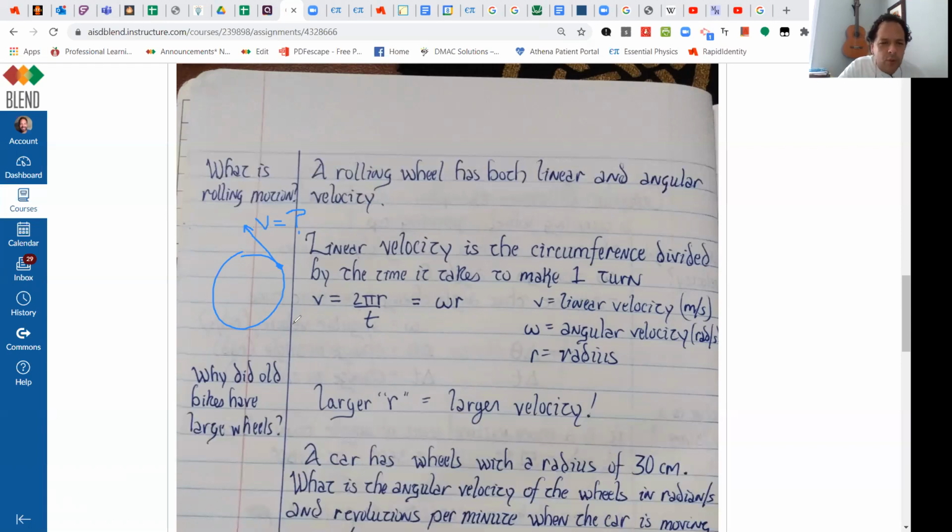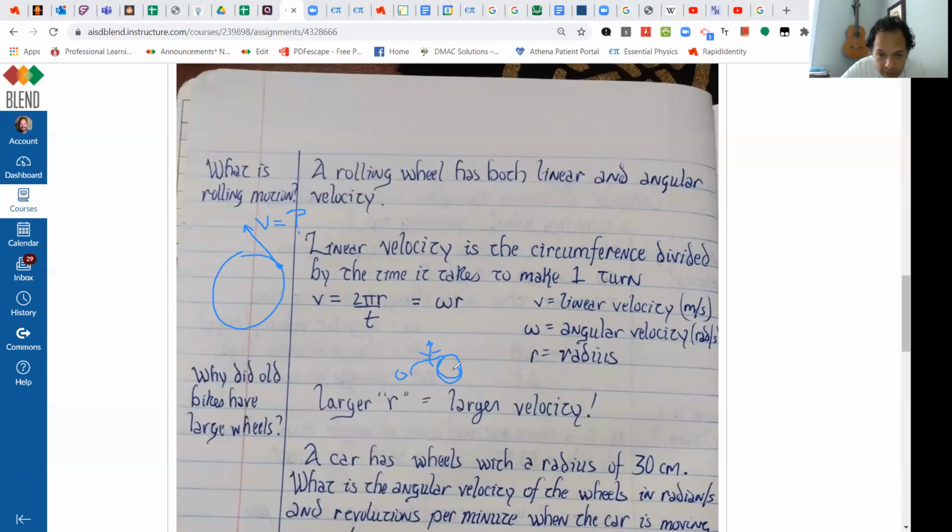And so then they asked the question, why did old bikes have such large wheels? Remember they had a small wheel in the back, and then a big wheel in the front, and people would sit up really high. They didn't have gears and stuff. So if we look at this equation, velocity equals angular velocity times radius.